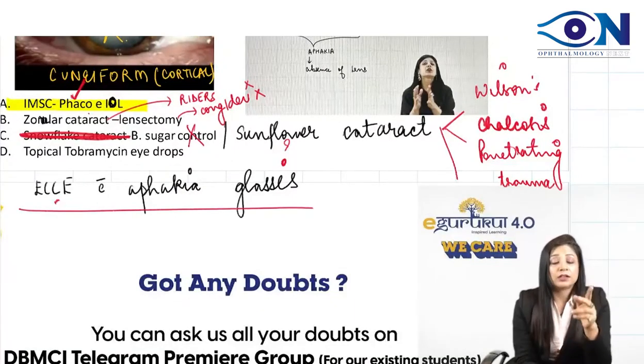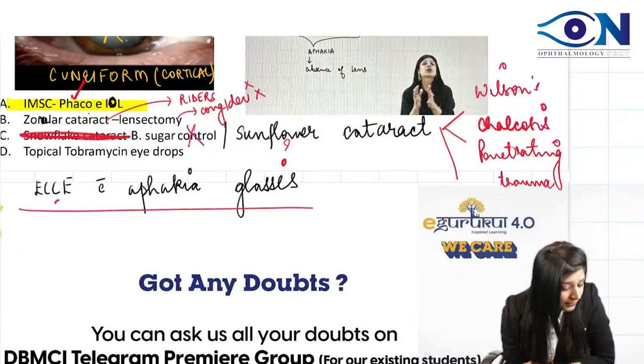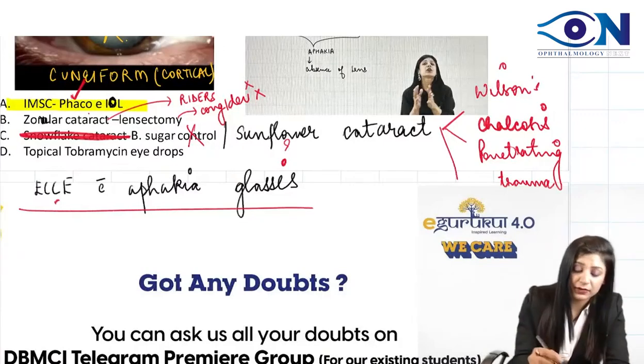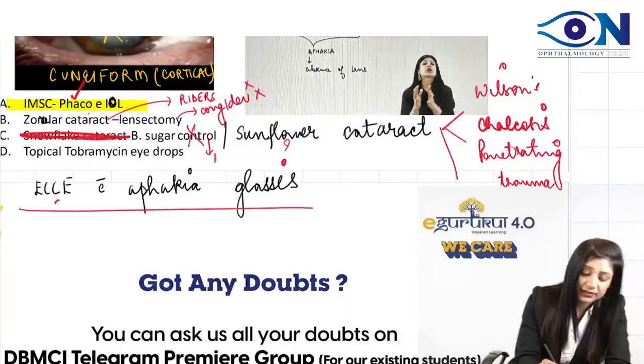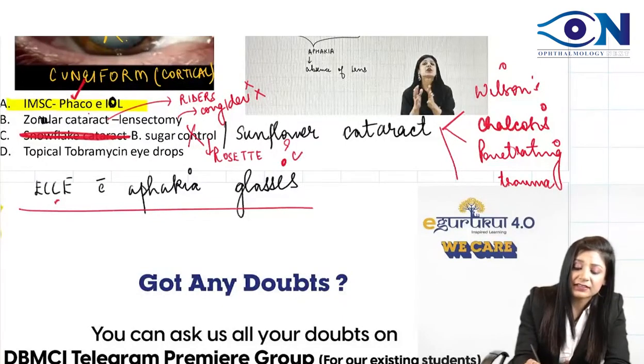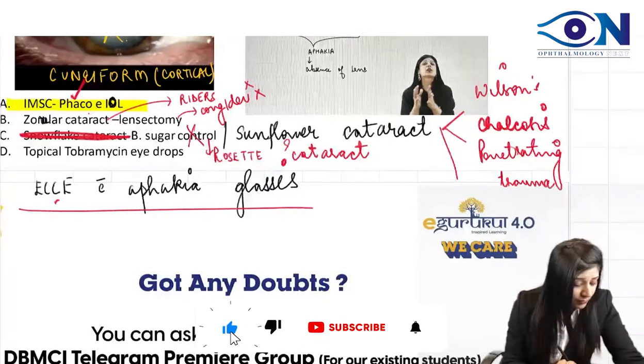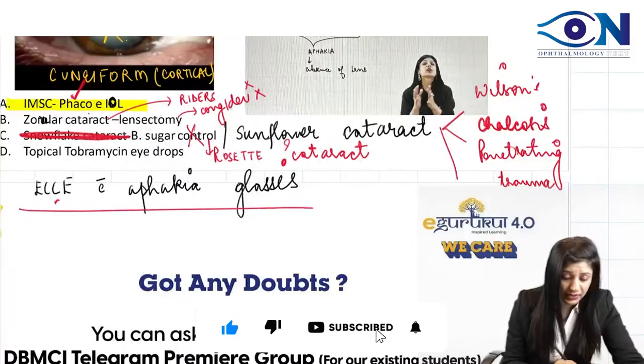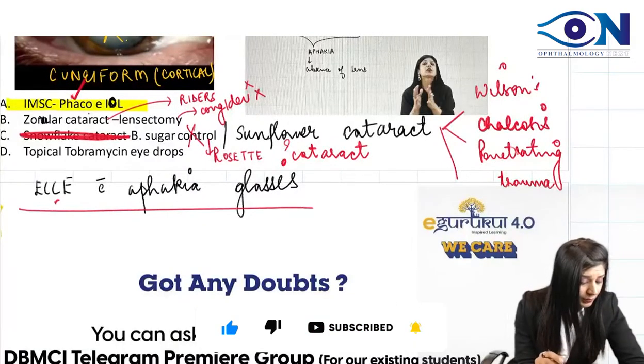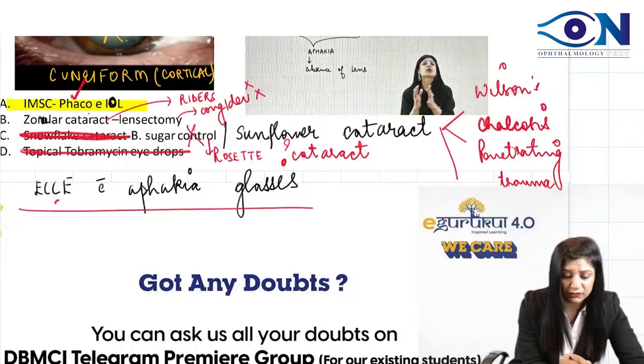So you can actually help me. Rosette cataract, okay, with blood sugar control we were having the rosette cataract. So rosette cataract is actually due to the blunt trauma, and obviously here we are not having any history of the trauma, and there was no tobramycin. Okay, they did not give the tobramycin.